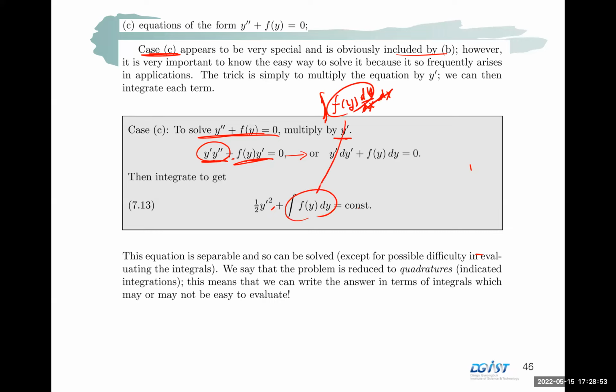On the right-hand side, the integral of 0 gives a constant. So we have this one.